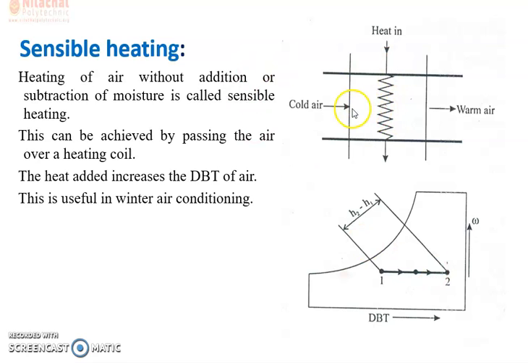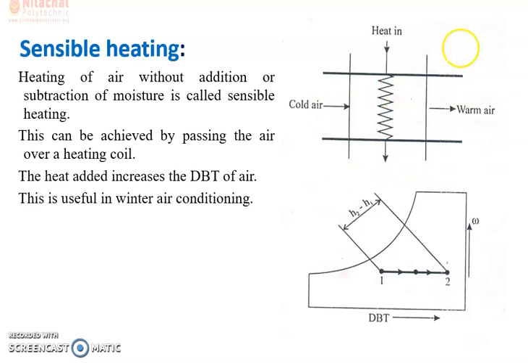And this is the equipment attachment. This is the cold air, here the temperature is TD1, and here is the outlet warm air, here the temperature TD2, and here the heating coil. The heating coil is nothing else but steam or hot water passing through it, or it may be an electrical resistance coil type.